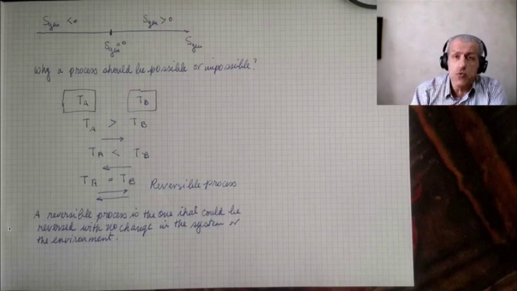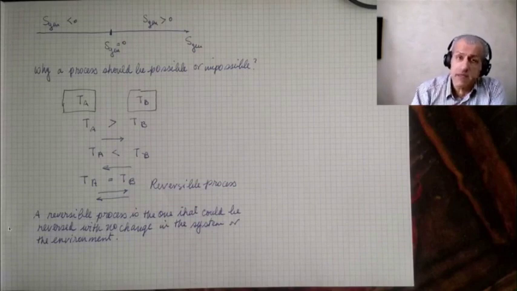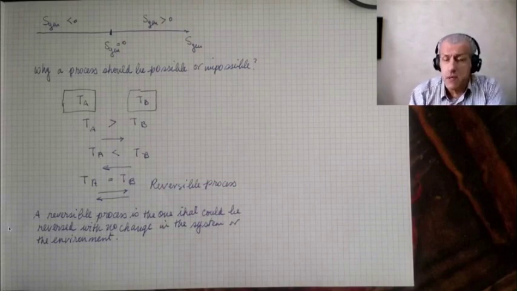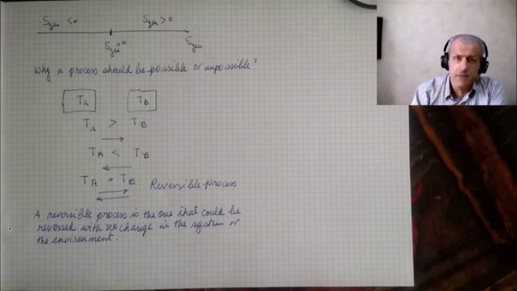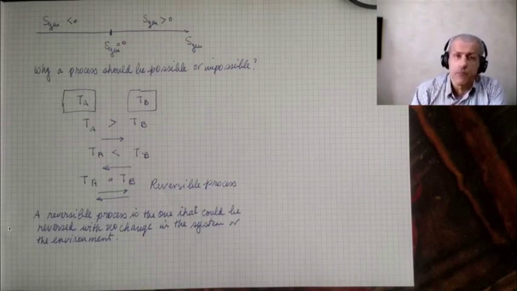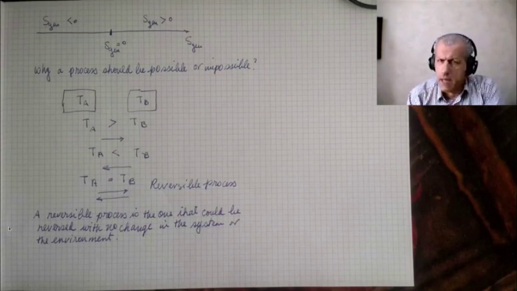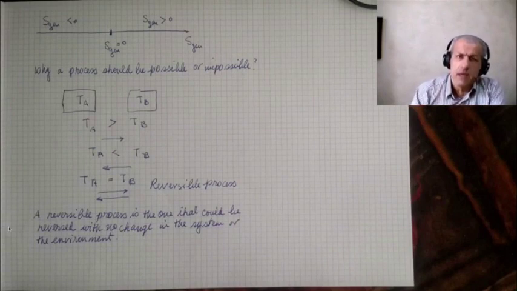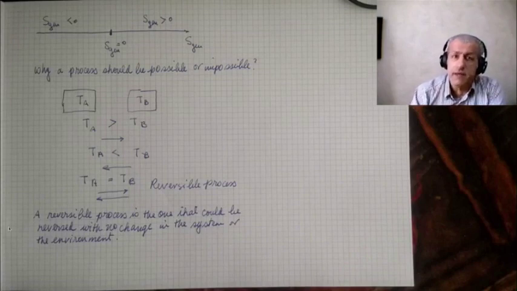If we heat this room, we could leave it to cool down. But the system has returned to where it was. The environment hasn't. You see that it's a pretty impossible process. In fact, I only know processes which are at least theoretically, and even more in practice, proved possible and reversible.